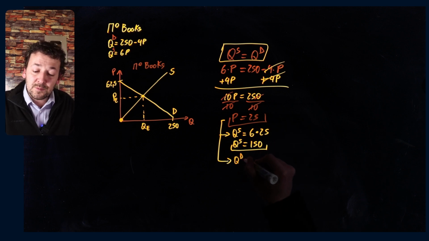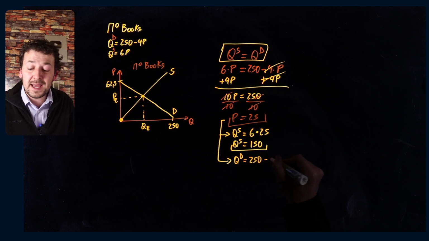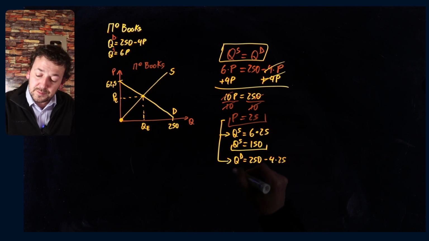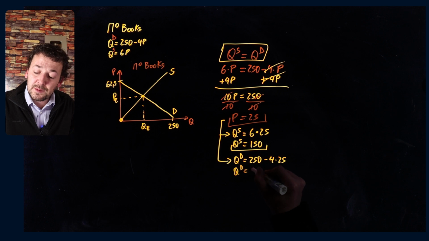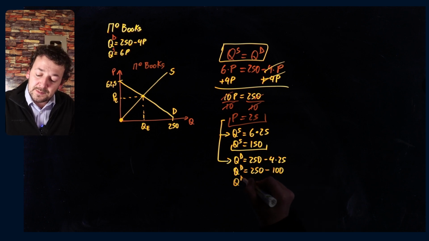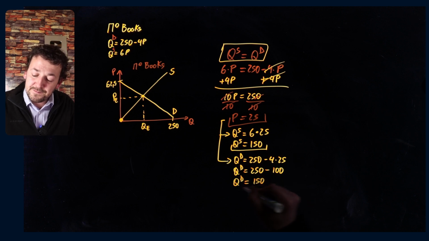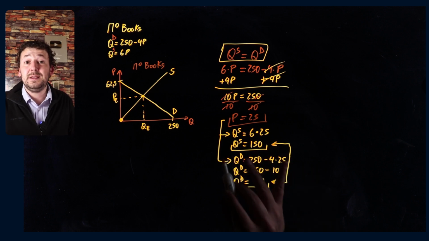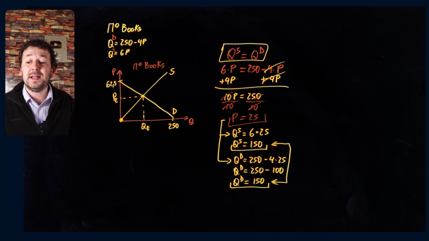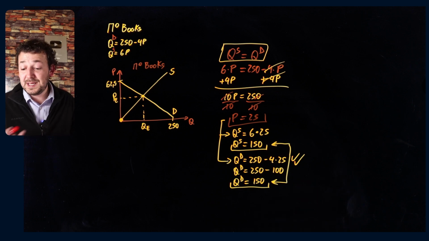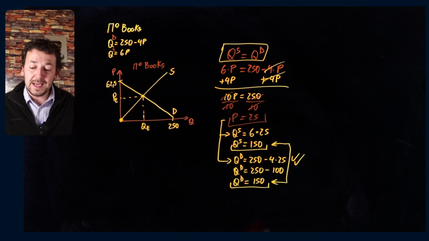The quantity demanded will be equal to 250 minus 4 times the price, but the price is 25. So the quantity demanded will be 250 minus 100, and the quantity demanded will be 150. And because both quantities, the quantity supplied and the quantity demanded, are the same, I am a little bit relaxed and convinced that all my calculations are correct.